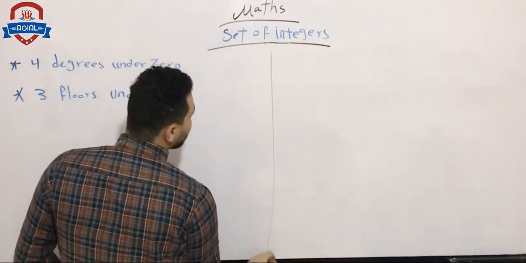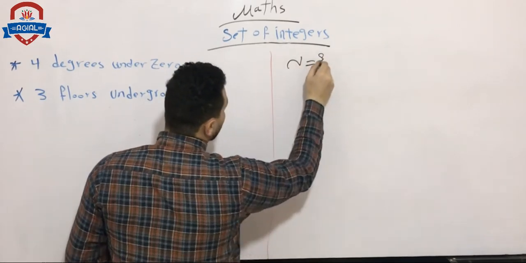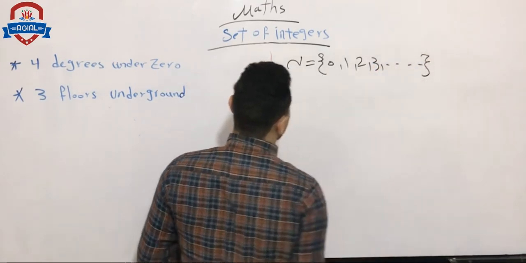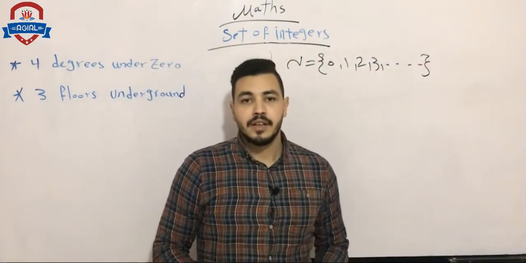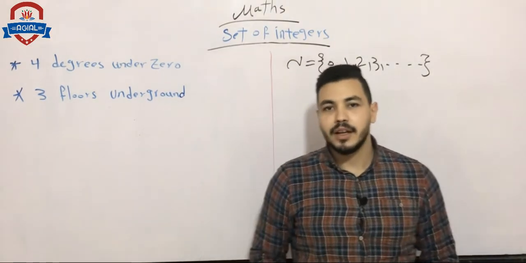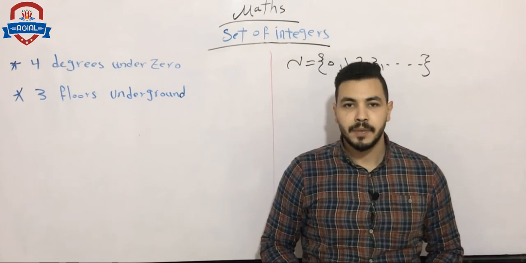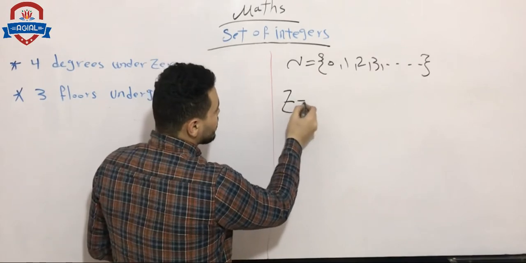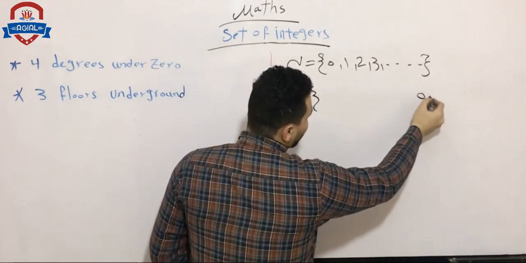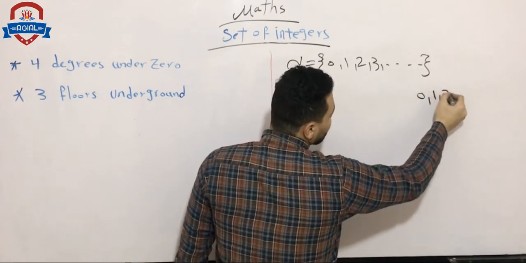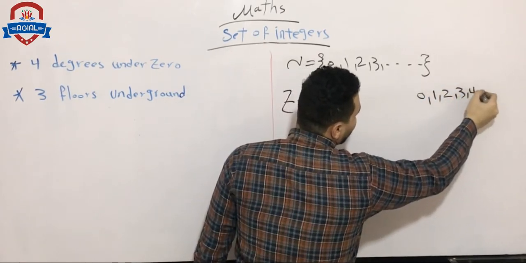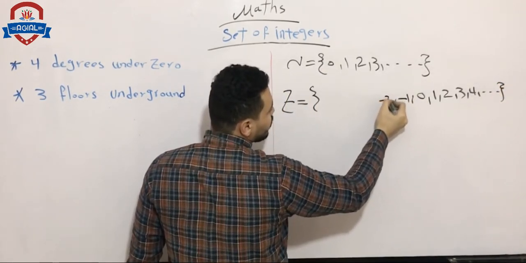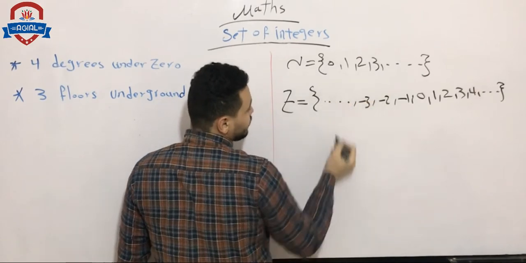Because the set of natural numbers equals 0, 1, 2, 3, and so on. And today we have a new set of integers. The set of integers is formed from 0 and positive whole numbers and negative whole numbers. The set of integers is denoted by Z. So Z equals 0 and positive whole numbers 1, 2, 3, 4, and so on, and negative whole numbers negative 1, negative 2, negative 3, and so on.